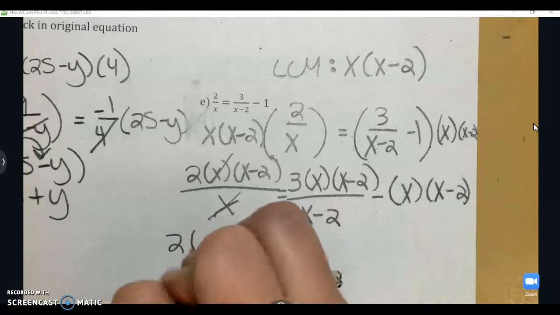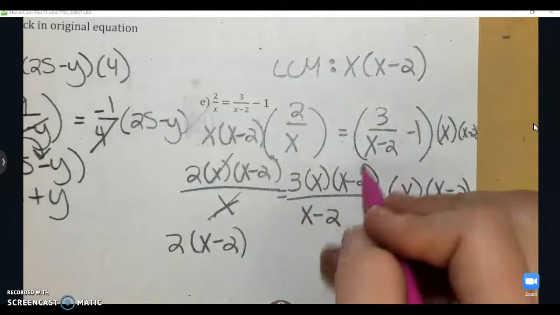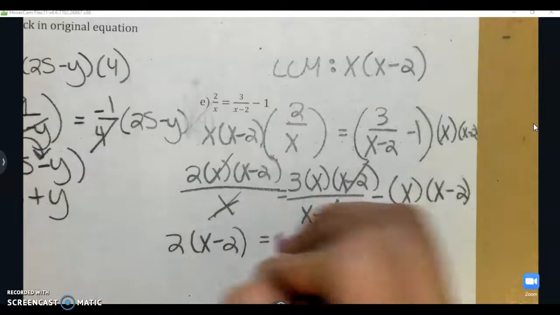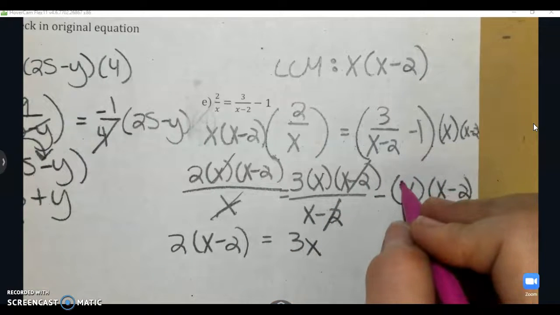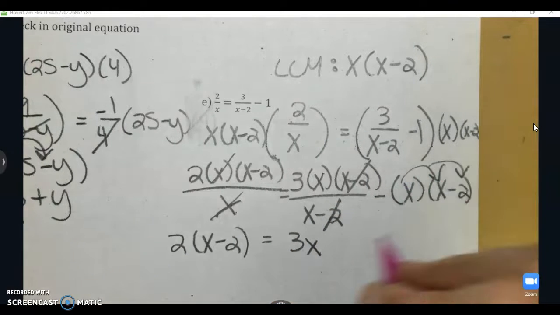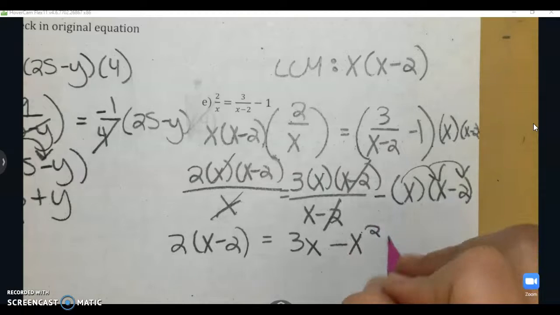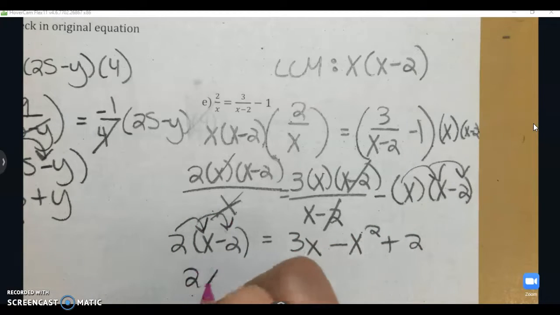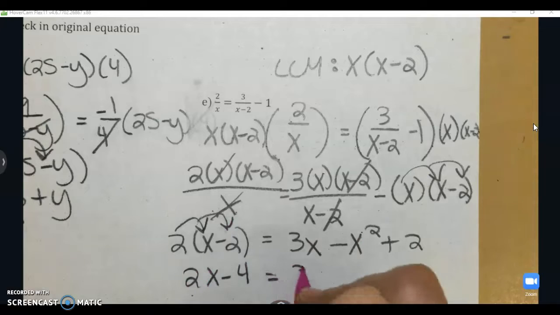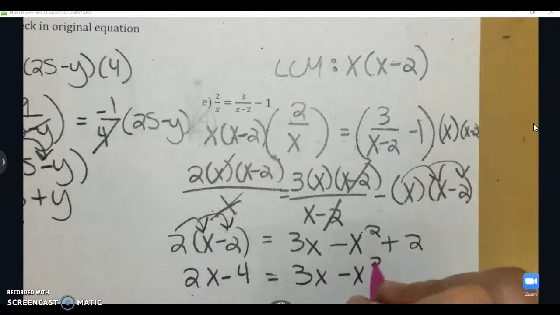So that leaves me with 2 times x minus 2. Here I can cancel x minus 2. That leaves us with 3x. And then I can distribute this negative x here. Negative x squared plus 2x. Now I need to distribute that 2 on the left. So 2x minus 4 is equal to 3x minus x squared plus 2x.